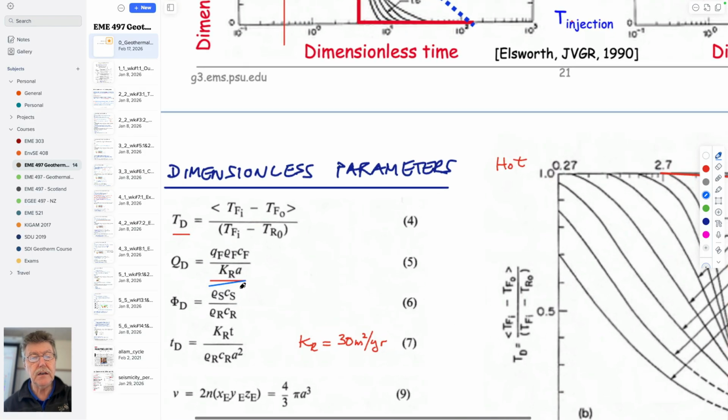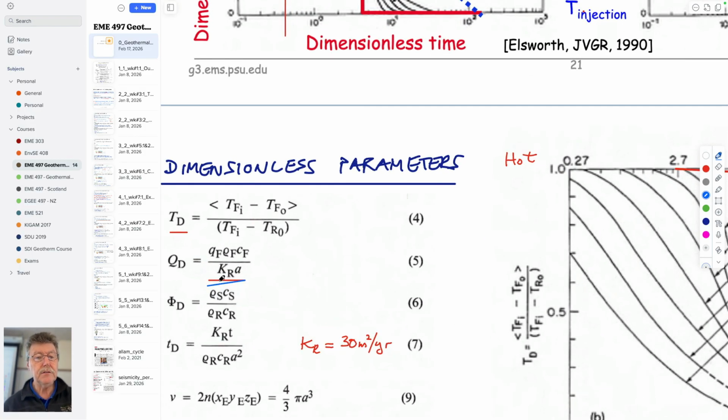This is thermal conductivity of the reservoir, storage properties, thermal storage properties of the fluid, density and specific heat capacity of fluid, thermal conductivity of reservoir, volumetric flow rate, and the size of a characteristic dimension of the reservoir.